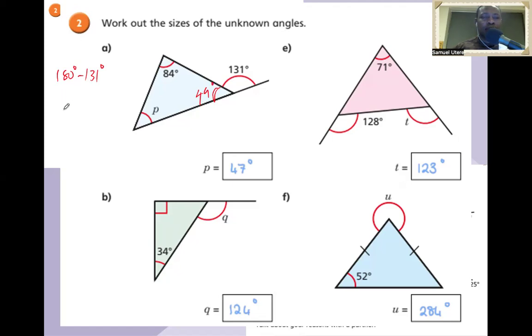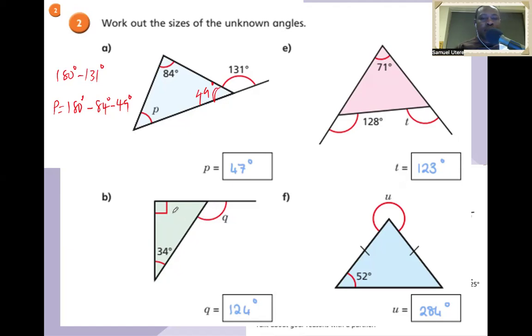Next step to get P, we'll do 180 degrees minus 84 degrees minus 49 degrees. So when we do 180 minus 84 minus 49, that gives us 47.